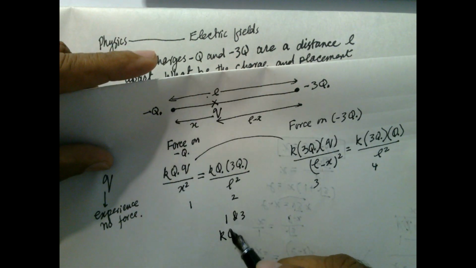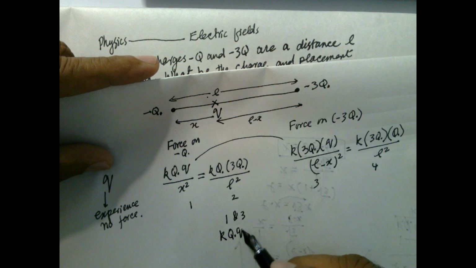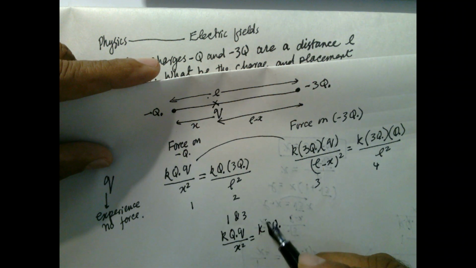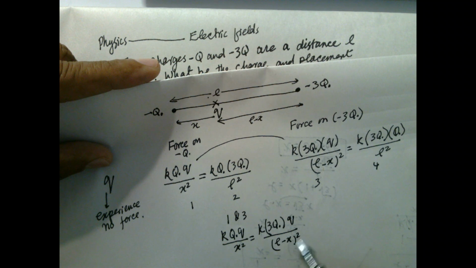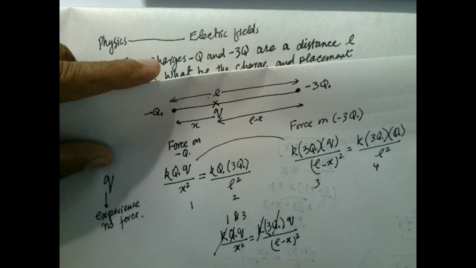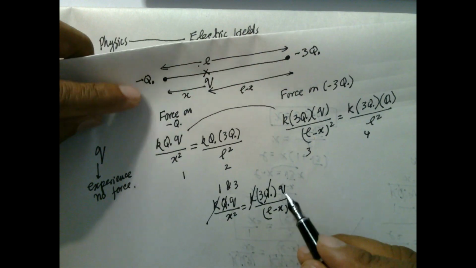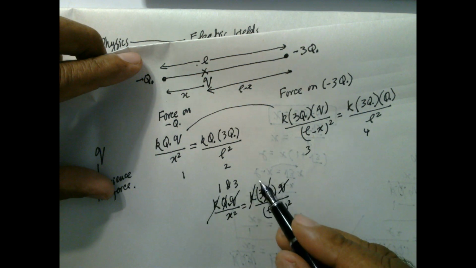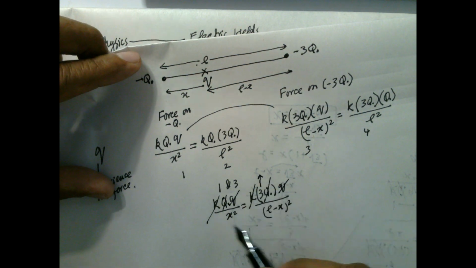So k q naught q over x square is equal to k 3q naught q over L minus x whole square. k cancels, q naught cancels, q cancels, only this 3 is remaining.